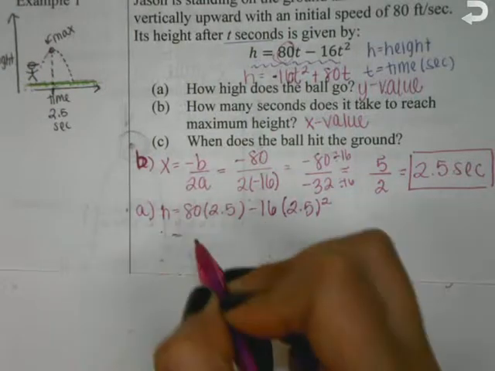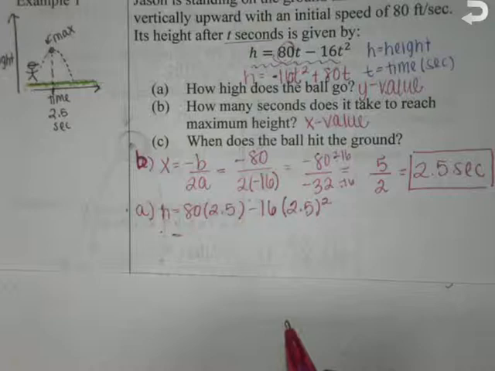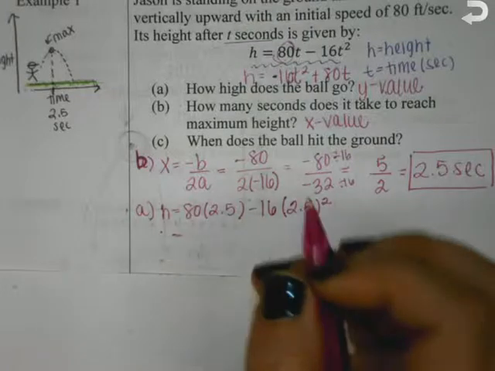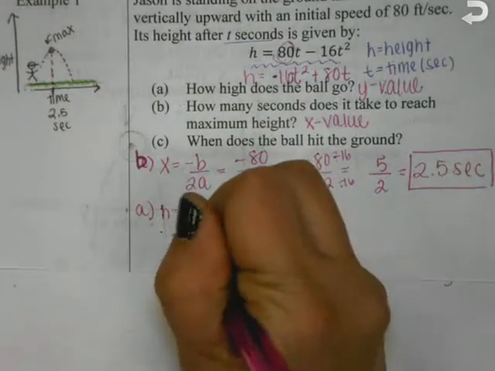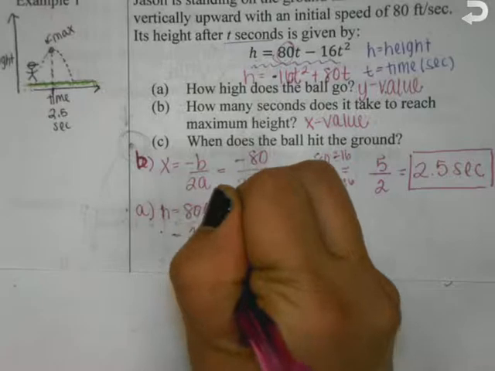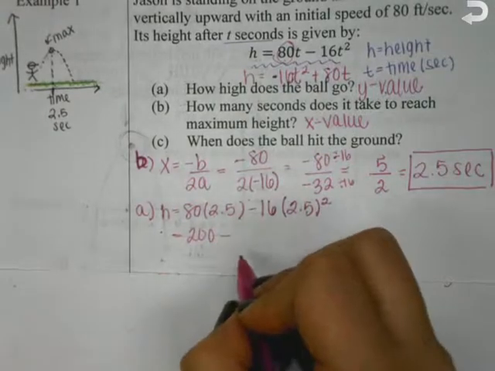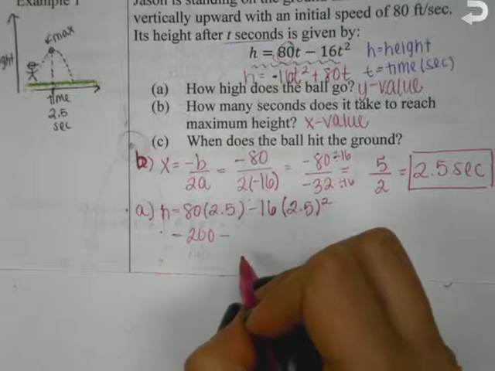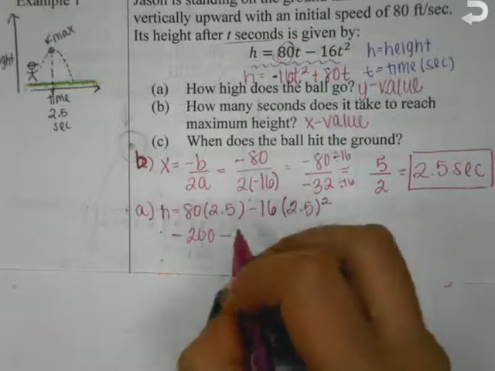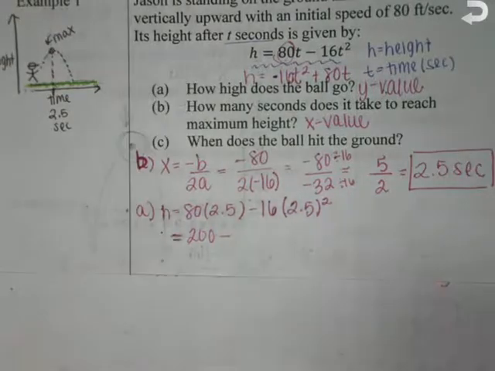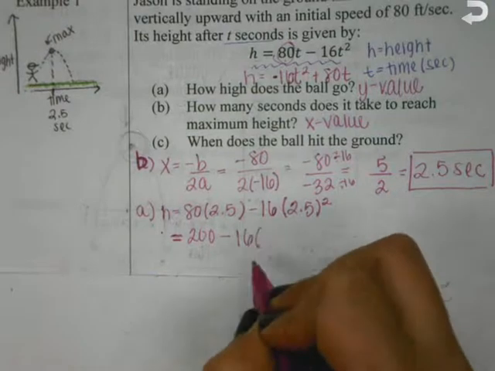80 times 2.5 gives me 200, minus 16 times 2.5 squared. 2.5 squared is 6.25.